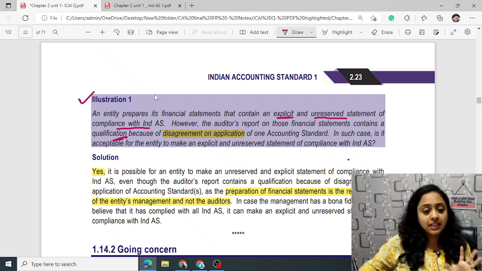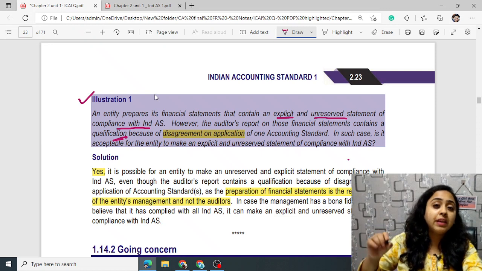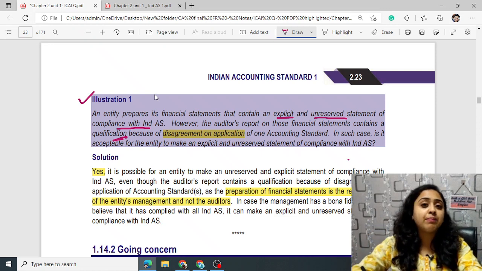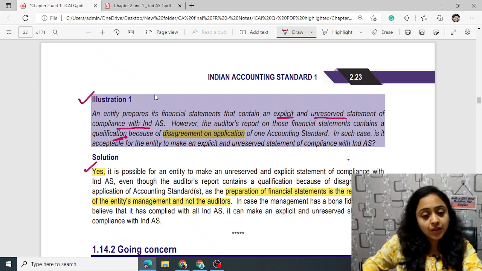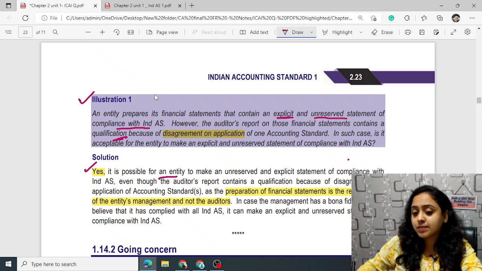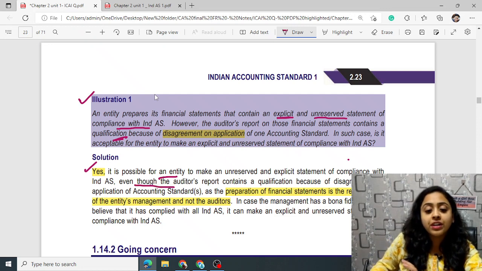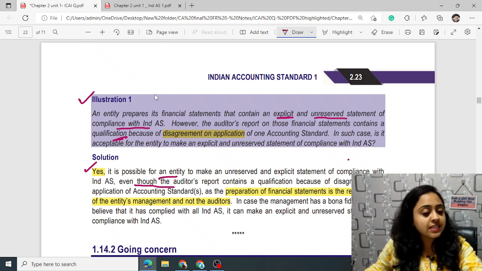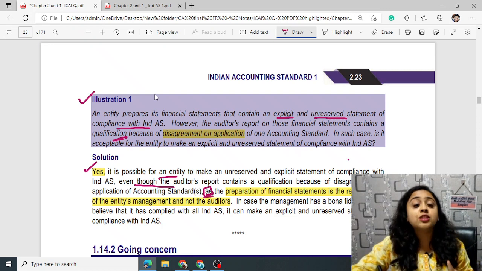Now see the solution. If you are preparing for ICAI exams, you have to observe this answer writing pattern very carefully and thoroughly. Yes, it is possible for an entity to make an unreserved and explicit statement of compliance with Ind AS, even though the auditor's report contains a qualification because of disagreement on application of accounting standards, as the preparation of financial statements is the responsibility of management.